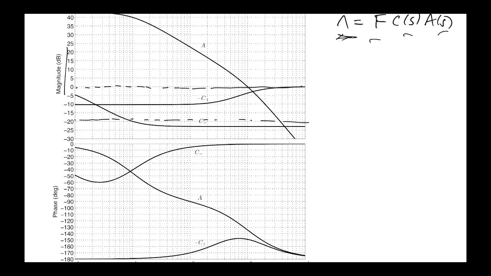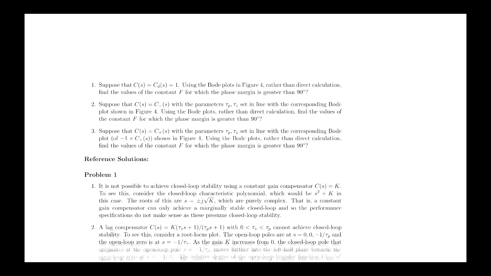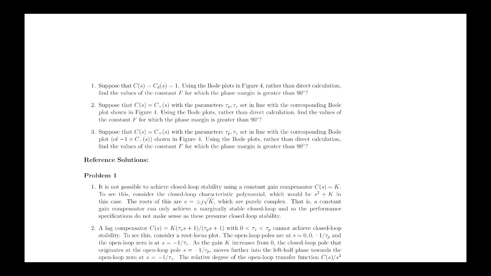So in the reference solutions to these questions, which are really about saying, for what value of the resistor feedback network ratio do we get a phase margin more than 90?